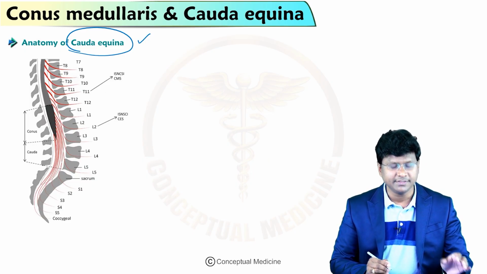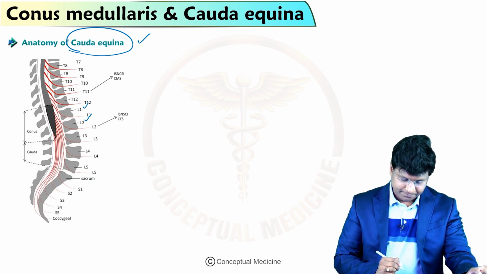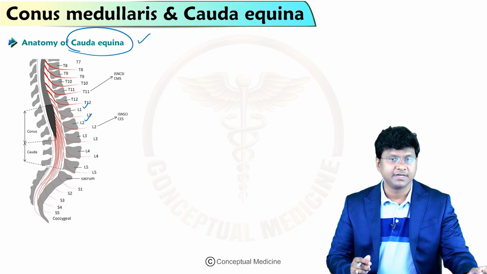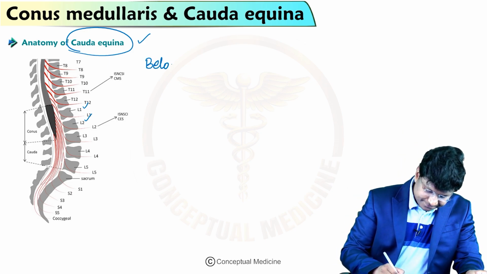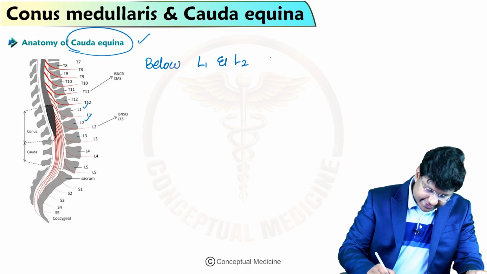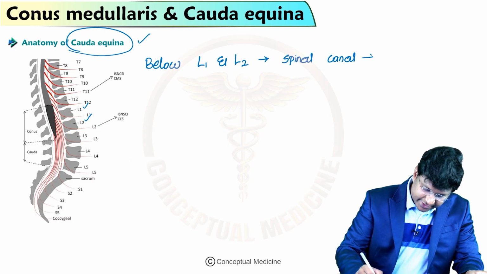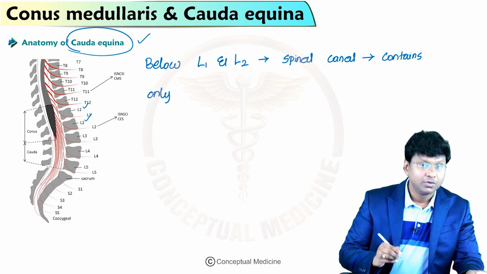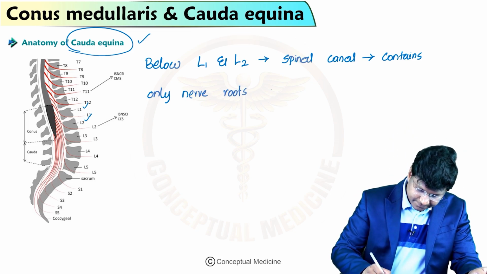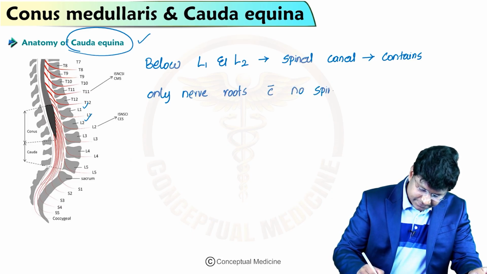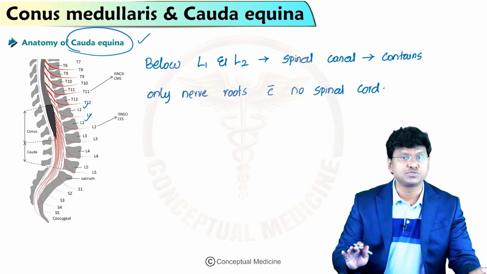If you see the anatomy of the cauda equina, below the L1 and L2 vertebral bones, the spinal canal contains only nerve roots, with no spinal cord.